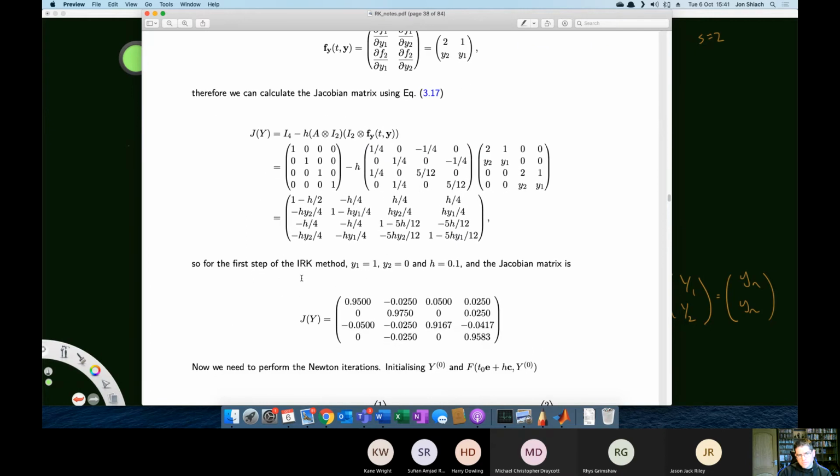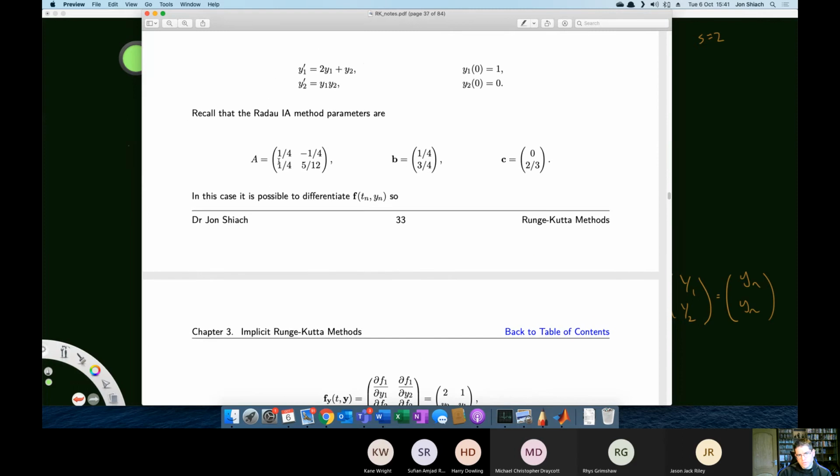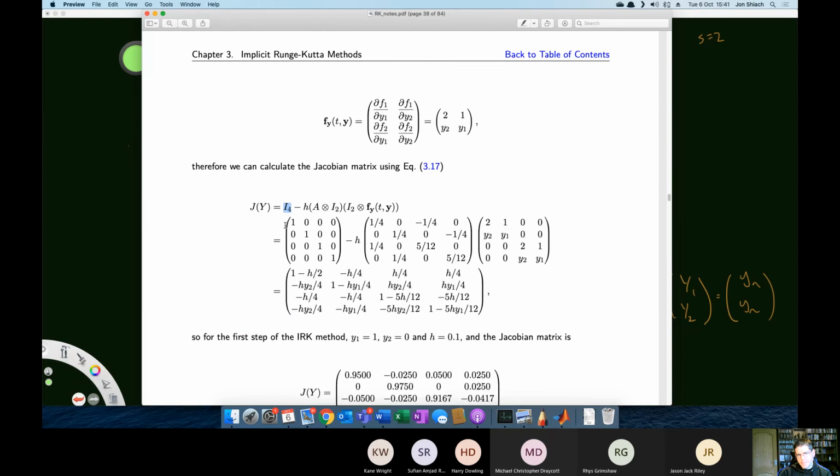Calculate the Jacobian matrix. Now I4, this is n times s number of elements for our identity. So we have 2 equations and we have a 2 stage method, so that's 2 by 2, so that's 4. That's where that comes from. A tensor product with I2.